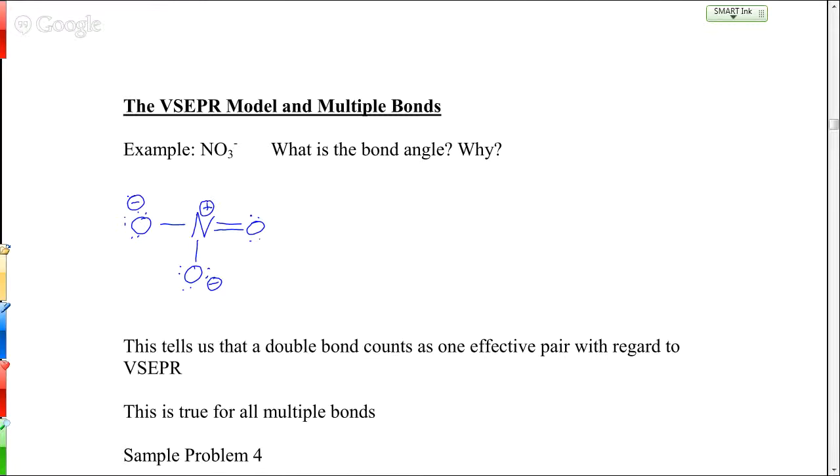How many groups of electrons are around the central atom? 3, if we're counting the double bond as 1 pair, which the text below says that we are. So the structure of this should really be trigonal planar.